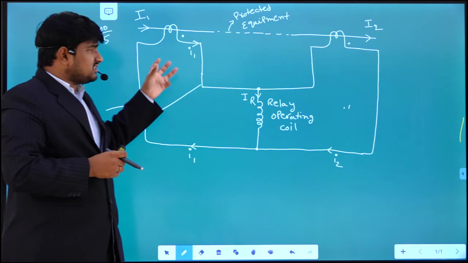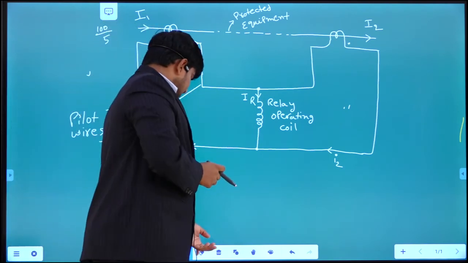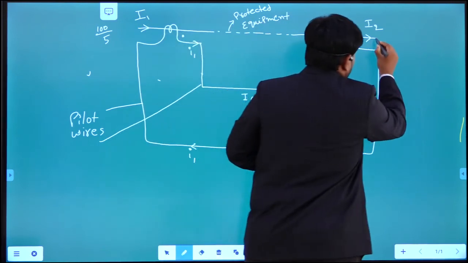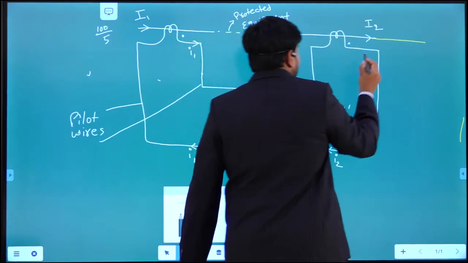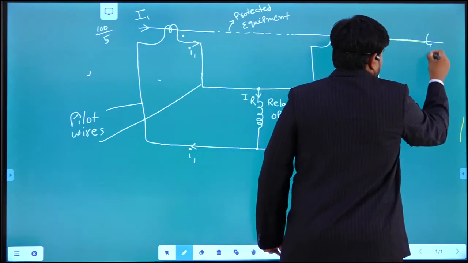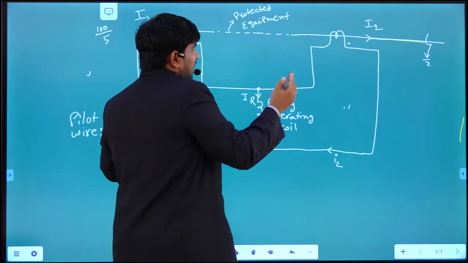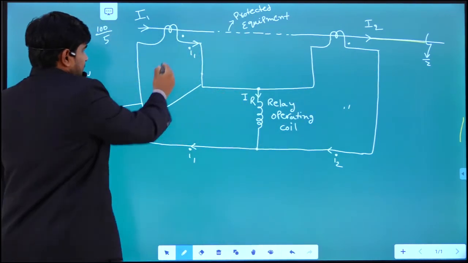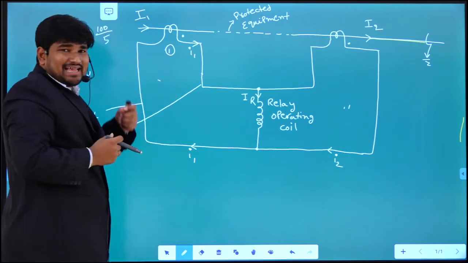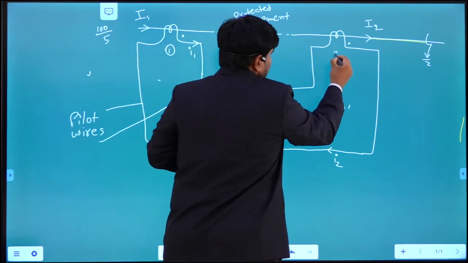Because of this, for example, let us take a through fault, an external fault that has occurred. Because of this fault, let CT1 be saturated compared to CT2.